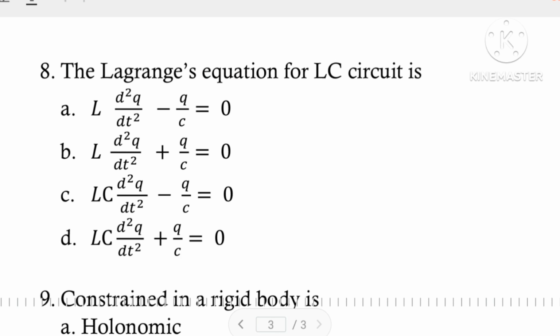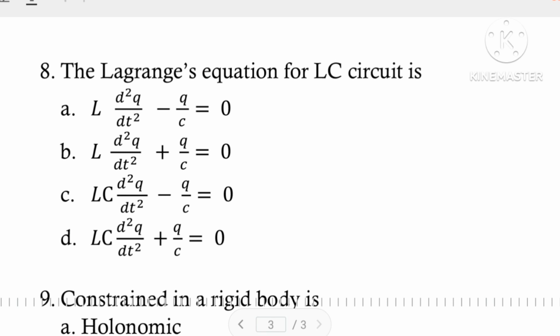Next question, the Lagrange's equation for LC circuit is... four options are given. Option A, L into d square q by dt square minus q by c is equal to 0. Option B, L into d square q by dt square plus q by c equal to 0. Option C, LC into d square q by dt square minus q by c equal to 0.